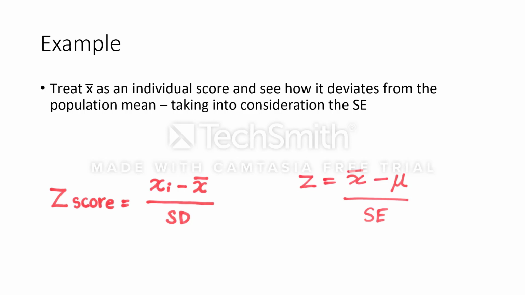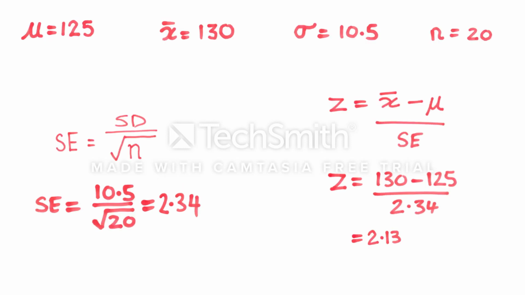But what we're going to do now is use that same logic, but instead of testing an individual score, we're going to test the average that we've collected in our sample, and we're going to compare that with the population mean. And we're going to use the standard error in this equation because it's the standard error that is the deviation score associated with the standard deviations around the mean. So here are some of the numbers.